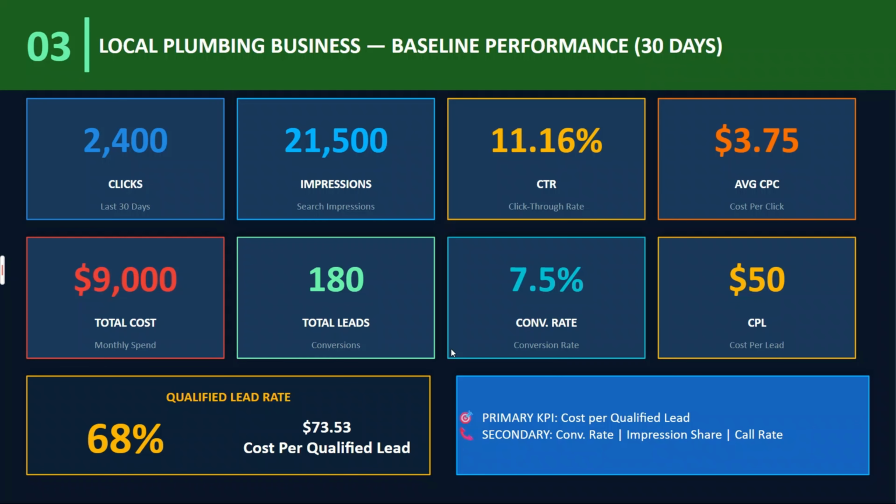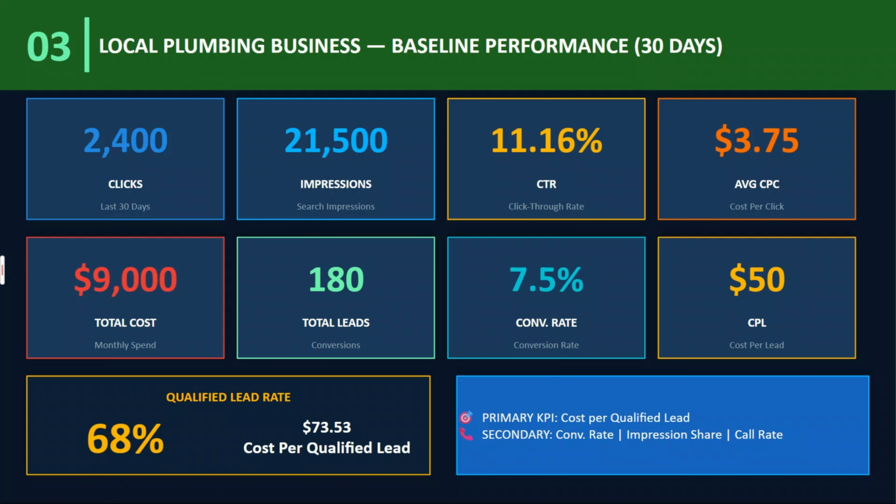You can see everything mentioned here. They got 2,400 clicks. The click-through rate is 11.6%, which is actually very good. Their average cost per click is $3.75, so total spend is $9,000. They got 180 leads, a conversion rate of 7.5%, and a cost per lead of $50.